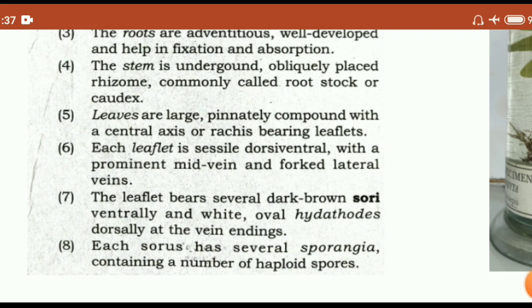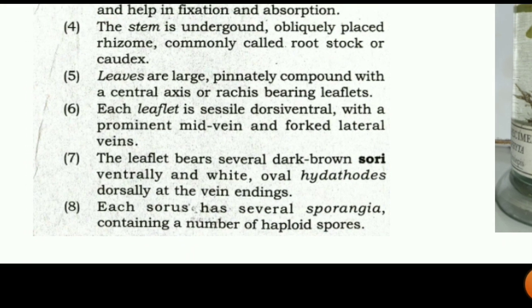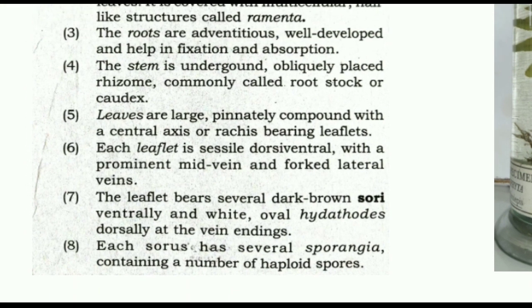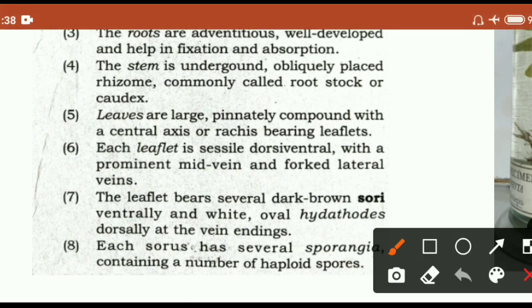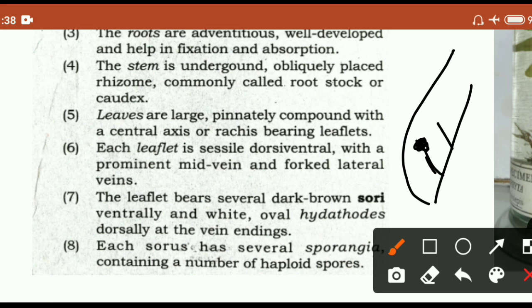Moving ahead, the leaflet bears several dark brown sori, individual is called a sorus, and white oval hydathodes dorsally at the vein endings. What I mean by this is, suppose this is your leaf, one half of a leaf. Let's say these are the veins. Here you will see some dark spots on the ventral side.